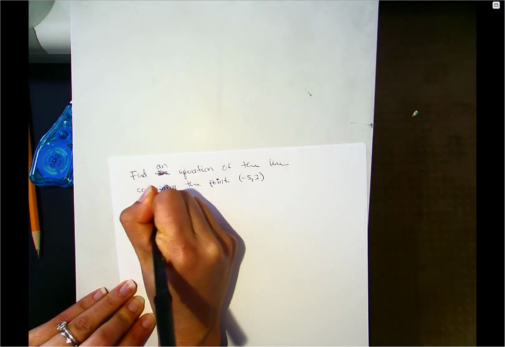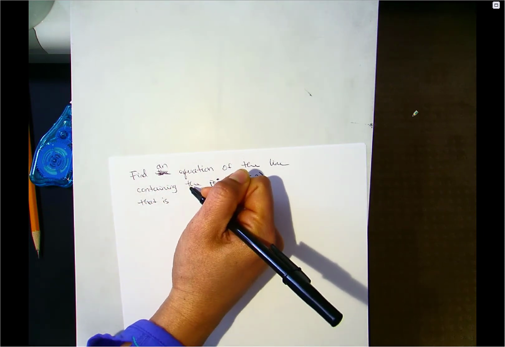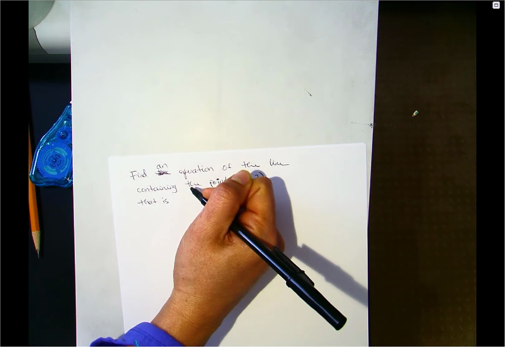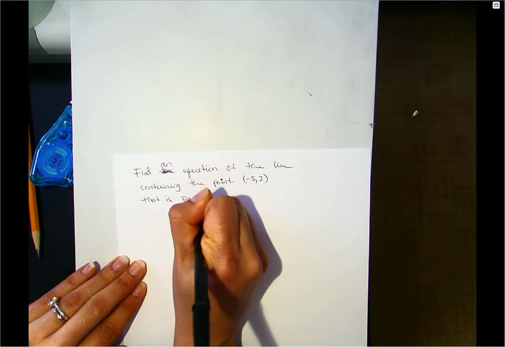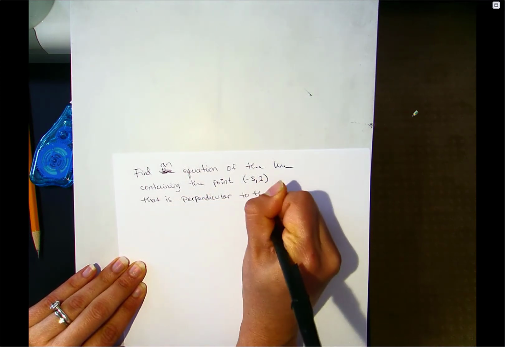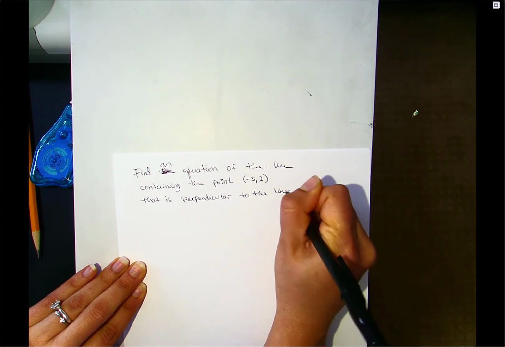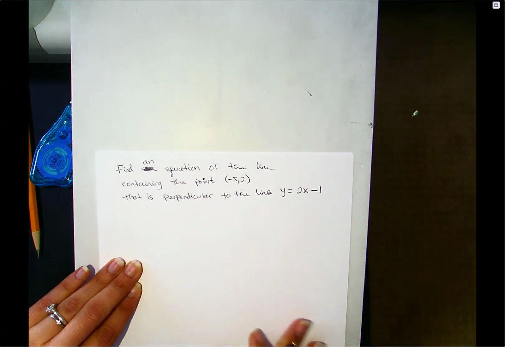that is perpendicular to the line y equals 2x minus 1.